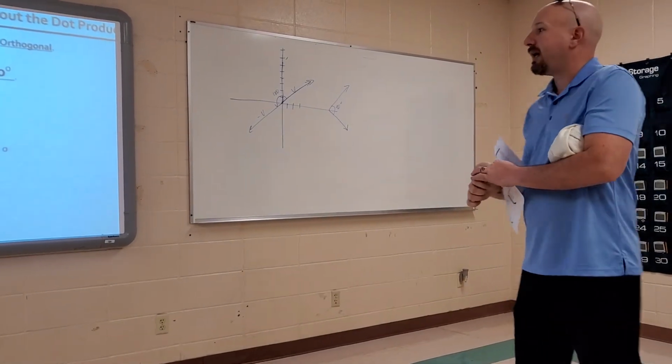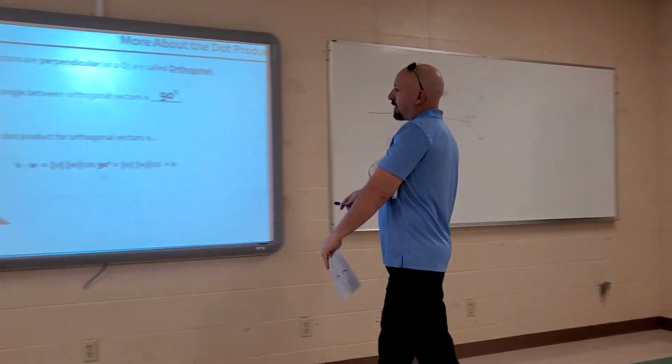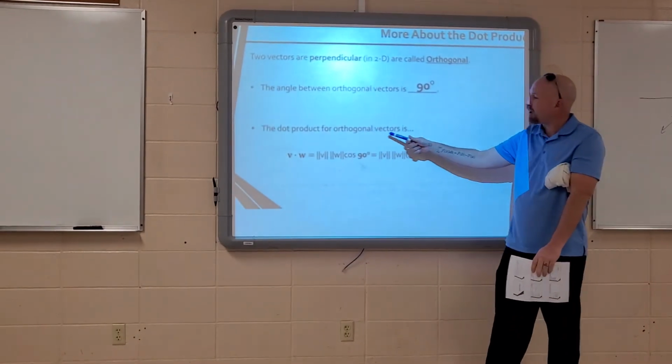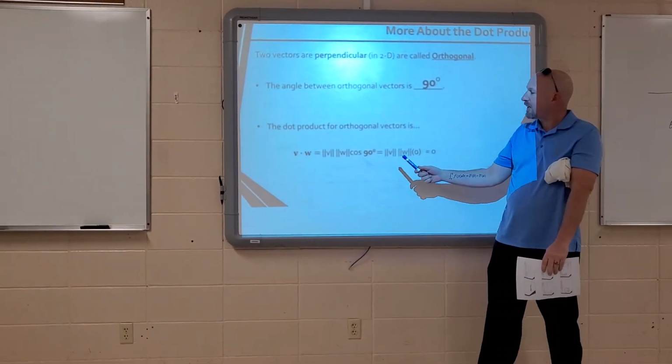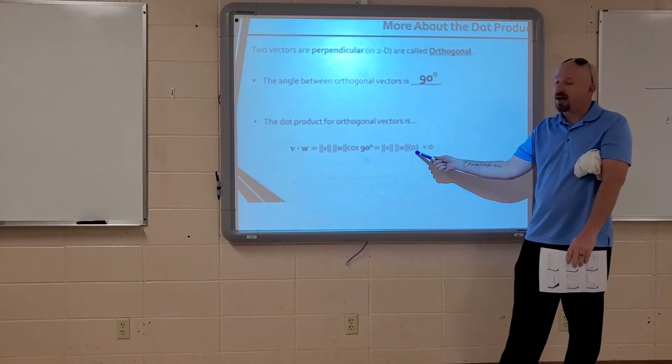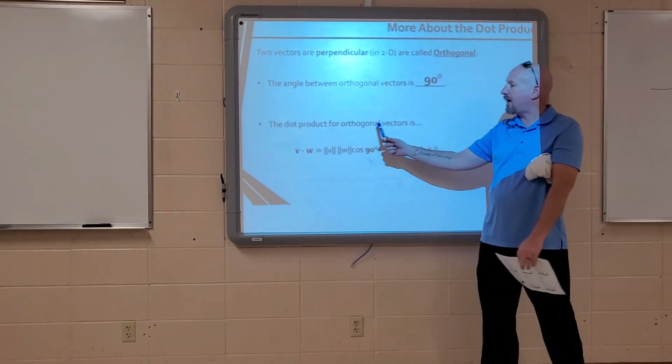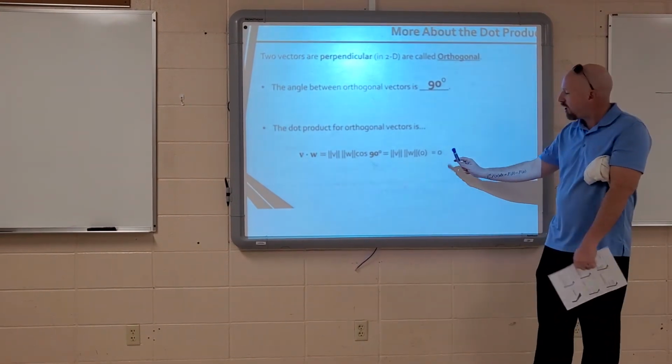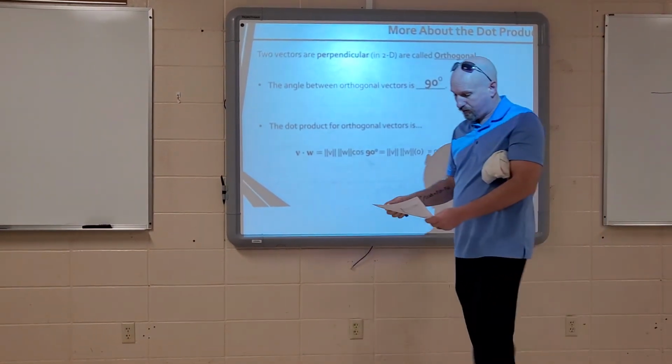Okay? And then this is just some more conceptual stuff, but it says the dot product for orthogonal vectors is given this, and the cosine of 90 is 0. So then the dot product between orthogonal vectors is always 0. Okay?